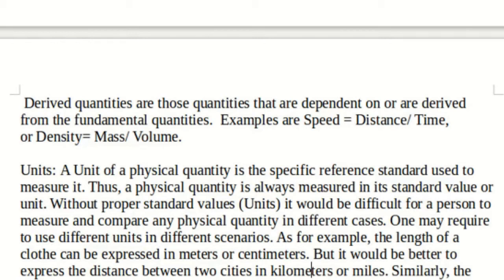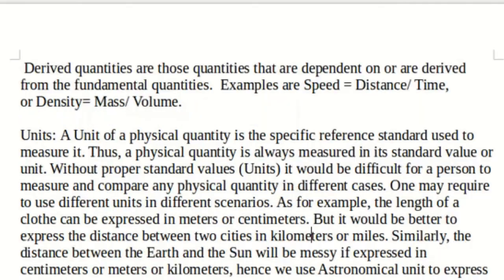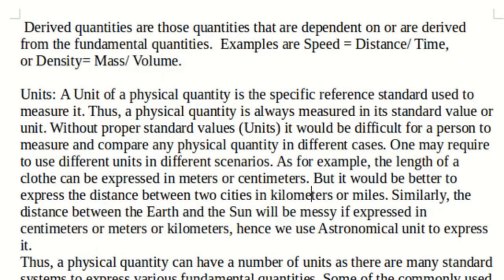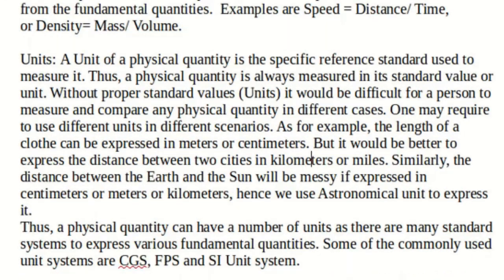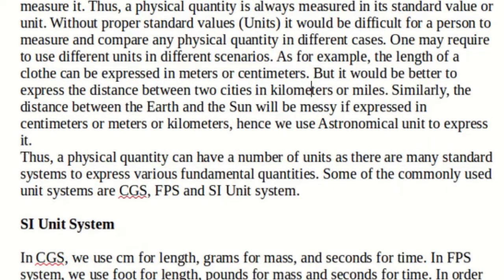Derived quantities. Derived quantities are those quantities that are dependent on or are derived from the fundamental quantities. So, the fundamental quantities act as the pillars, and derived quantities are structures created over those pillars.